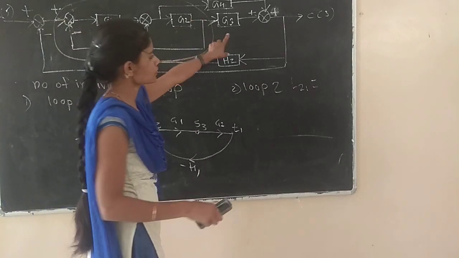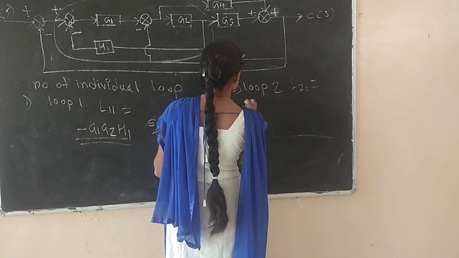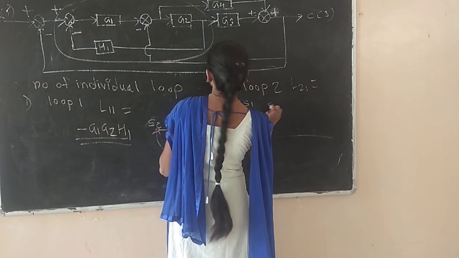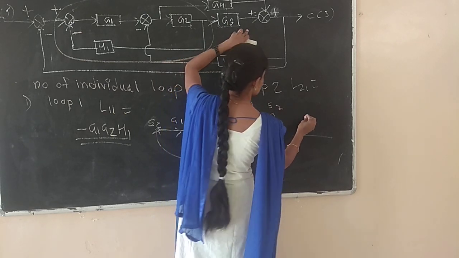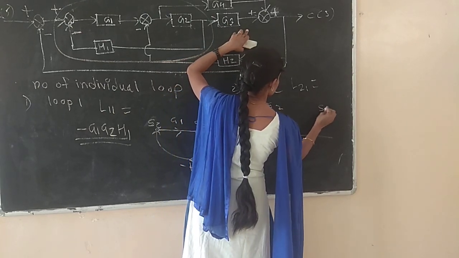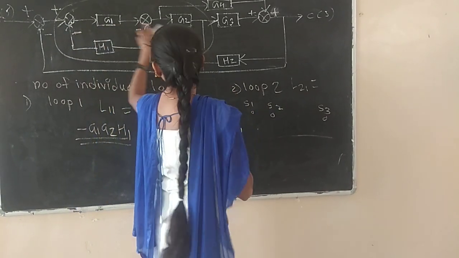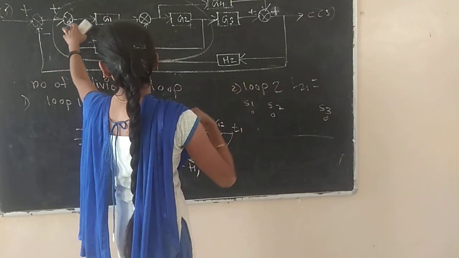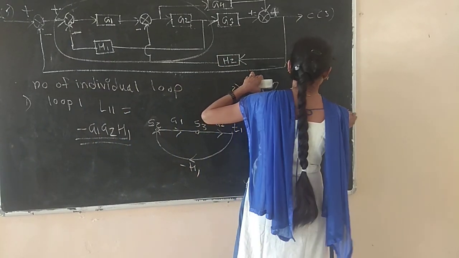It goes through the summing points S1, S2, S3 and S4.